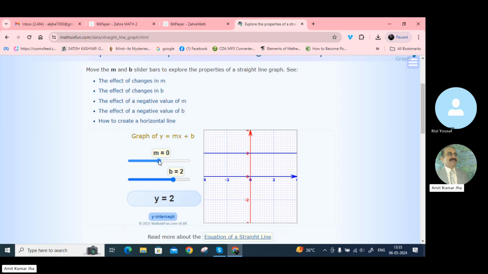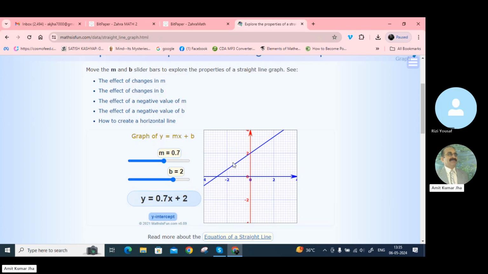So slope is 0. Now if you move towards left, slope is negative. And if you move towards right, slope is positive. Slope is negative because this line is making more than 90. And if you move this side, this line is now making less than 90. So in this way we decide.